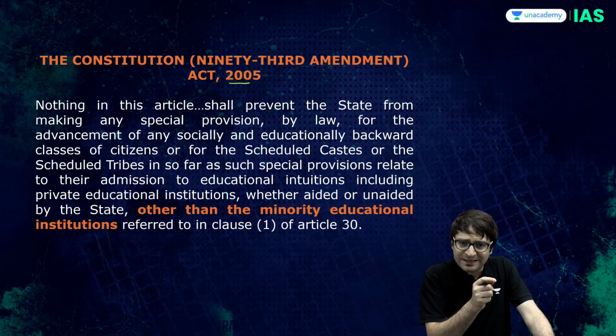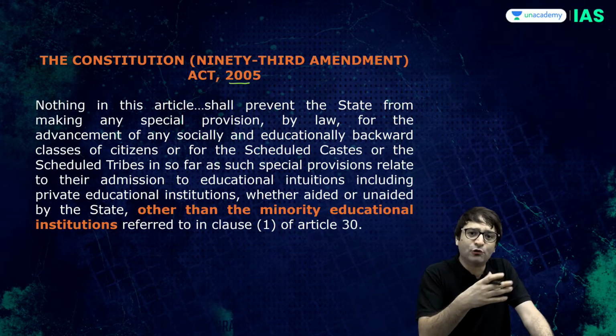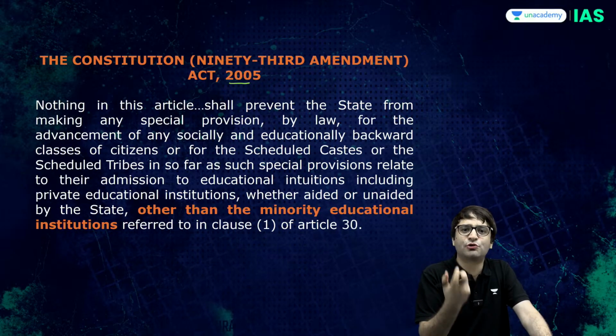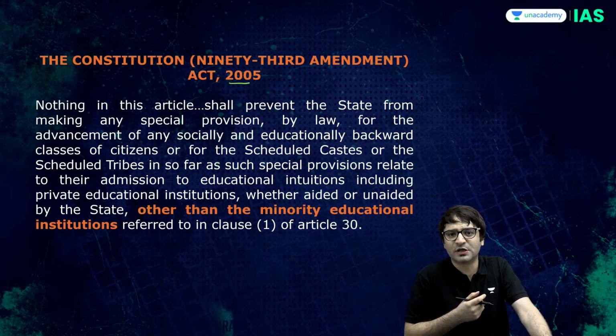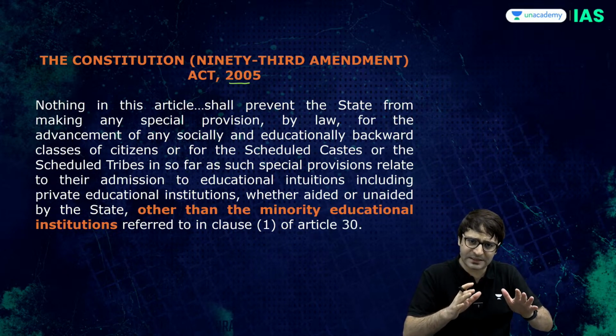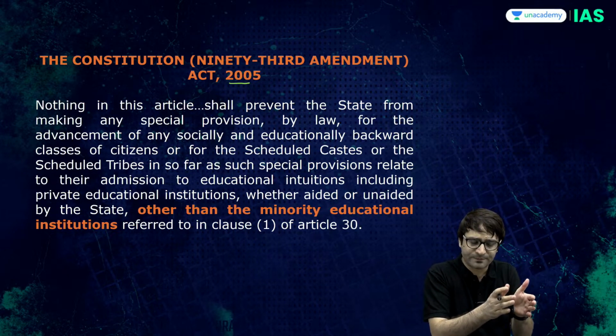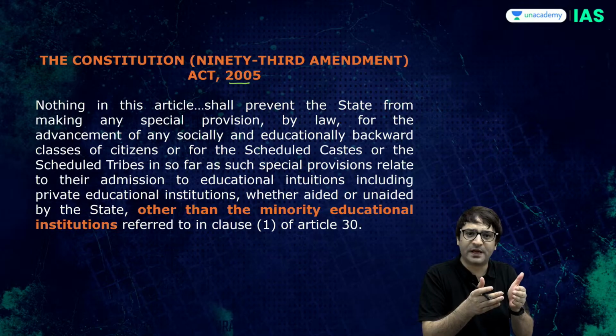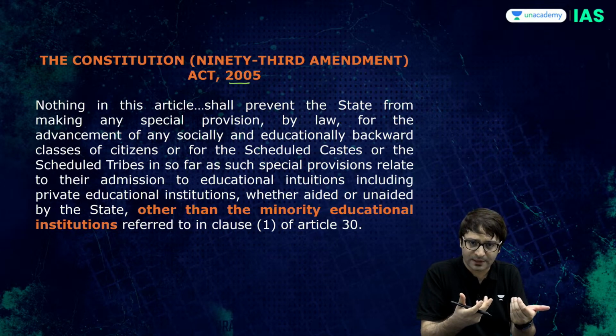There used to be a reservation for SCs and STs in educational institutions, which was done through a constitutional amendment, the First Constitutional Amendment Act 1951. Initially, it was for government educational institutions. Then the demand was that it should be extended to private institutions as well.